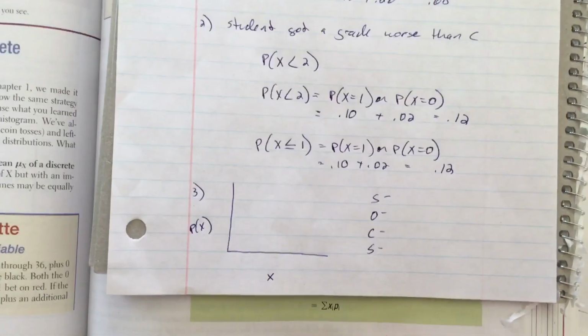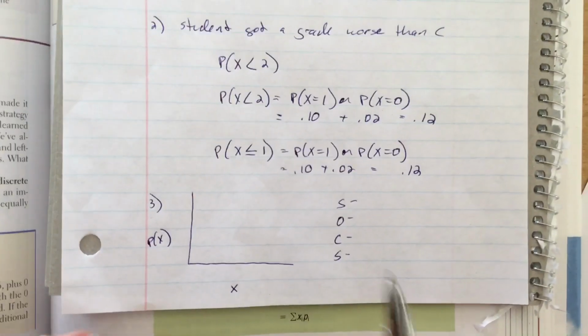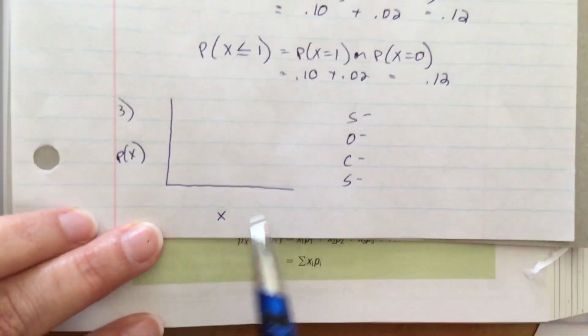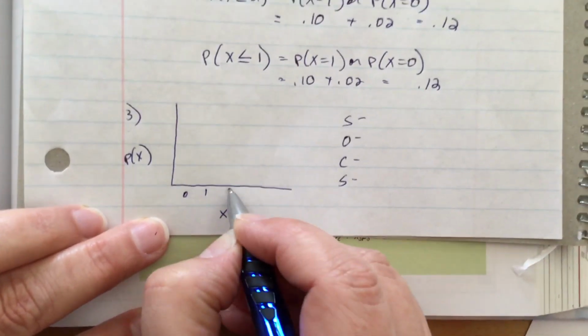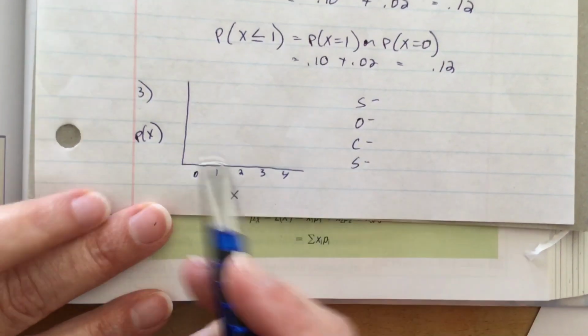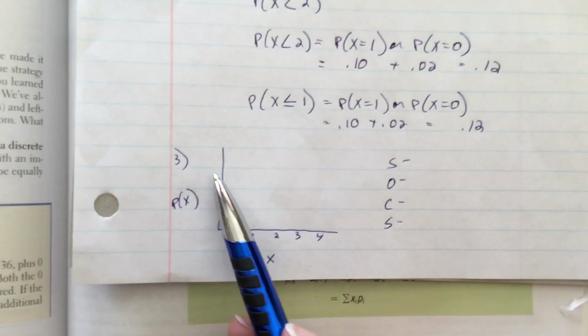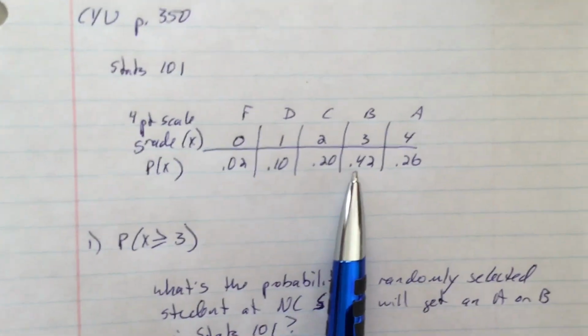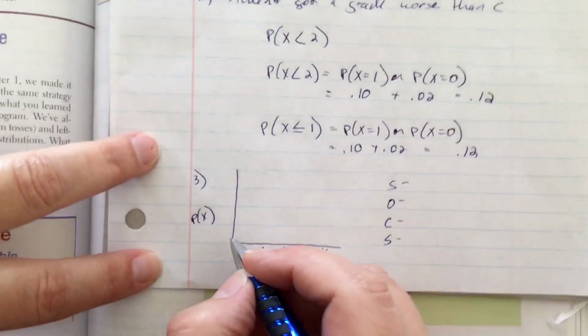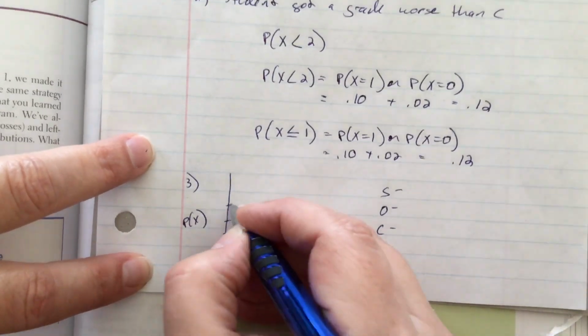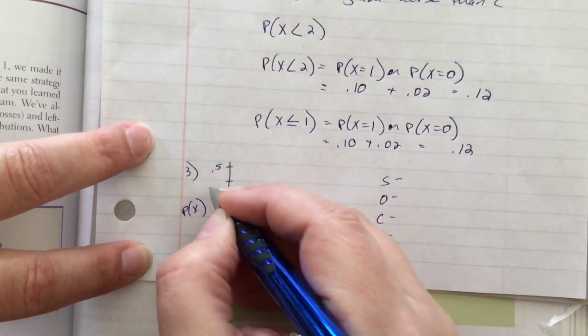Number 3 says create a graph of the probability distribution. We're going to take our probability model and put our X's on the bottom, so that's 0, 1, 2, 3, and 4, and our probabilities on the Y. Our highest probability is 0.42, so I only have to go up to 0.5.